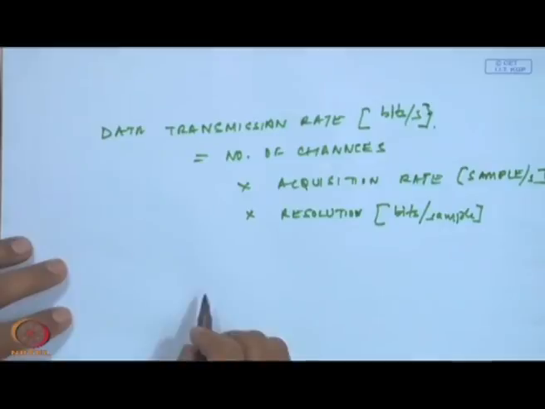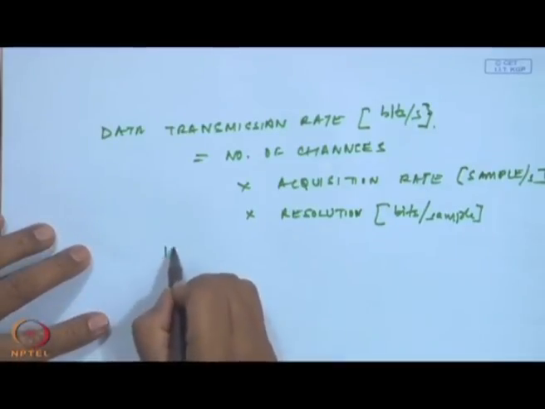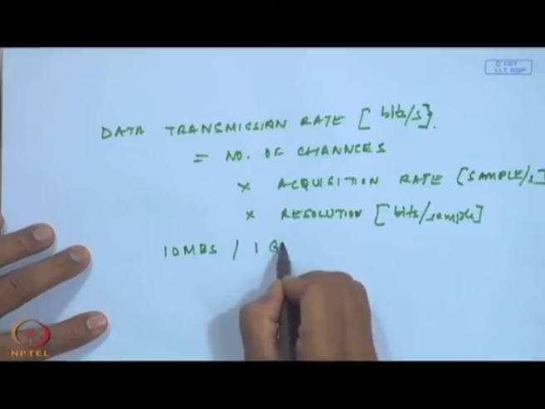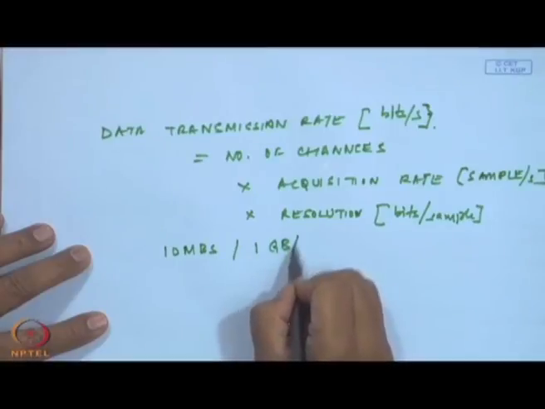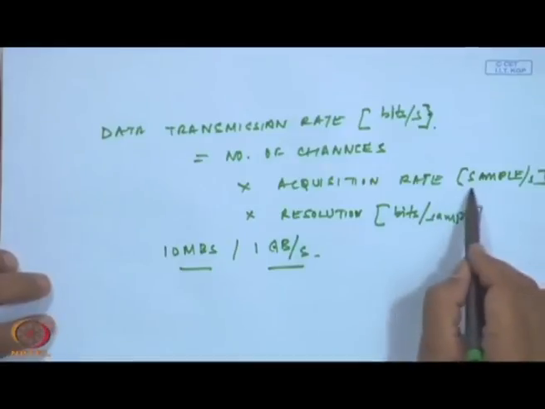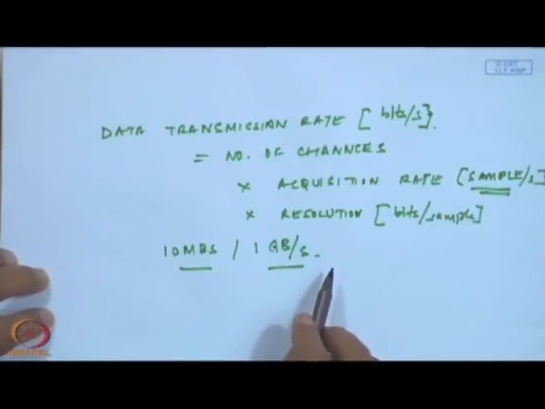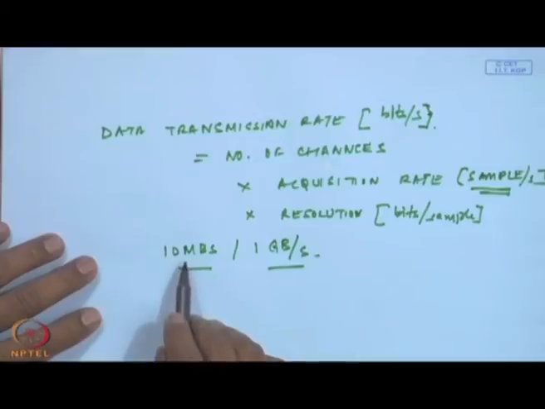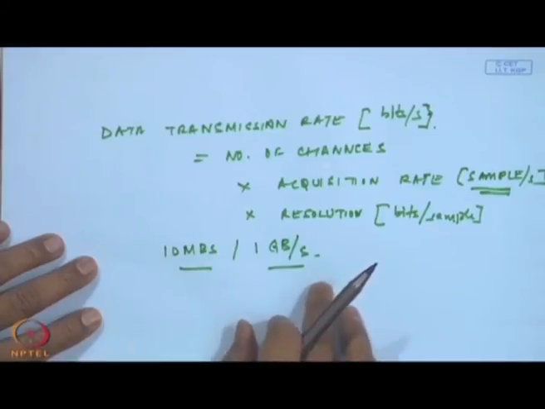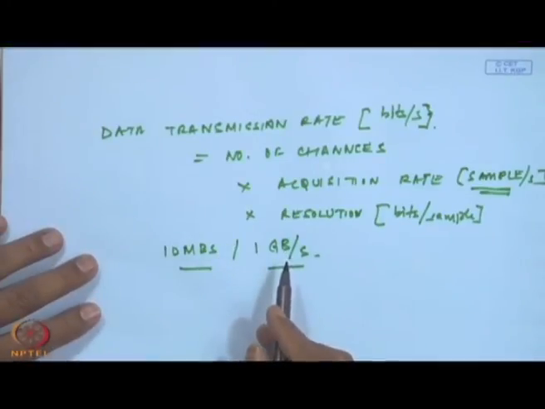Usually when we use wireless for data transmission, we have a maximum of about 10 Mbps or 1 Gbps. So we can decide what the sampling rate would be, and this is the limitation of present day wireless transmission as to the maximum data transfer rate available to us, which is about 10 Mbps or 1 Gbps.